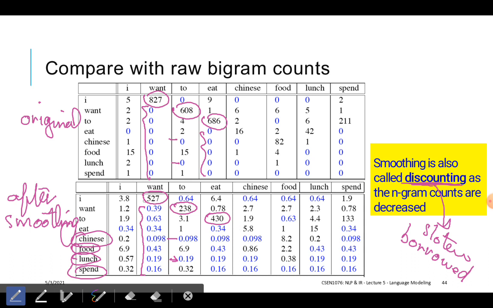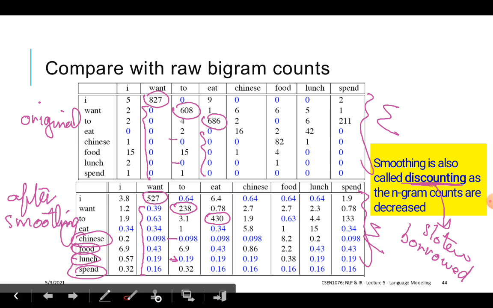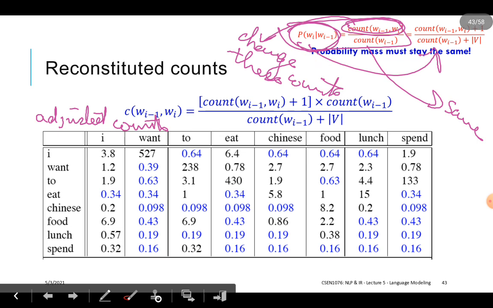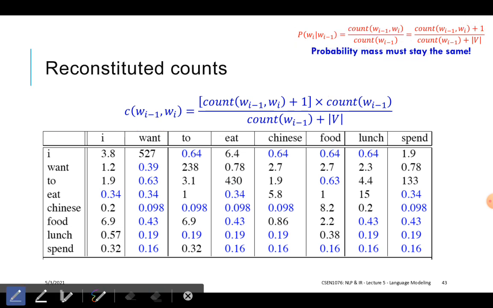That essentially means if you take the total of this and the total of this, the sums will be the same. Because of that, the probabilities are also the same. So basically what we have used is incrementing each bigram by 1, then dividing by the count of the preceding word plus the entire number of ones that we have added.